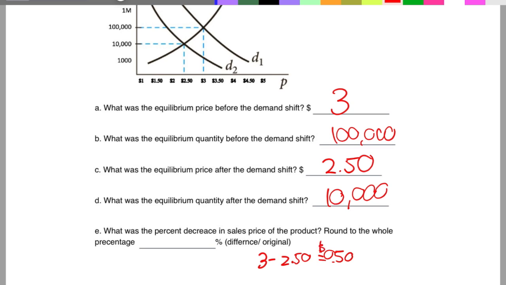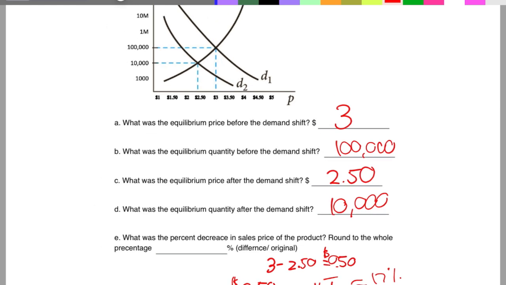And we're going to divide it by the original, which is $3. $3 was the original price. So when we divide 0.50 divided by 3, you end up with 16.6 repeating, which is rounded to 17%. All right. Easy money, easy money.